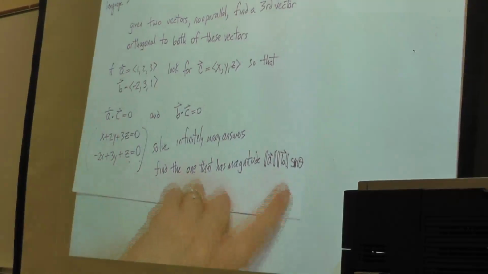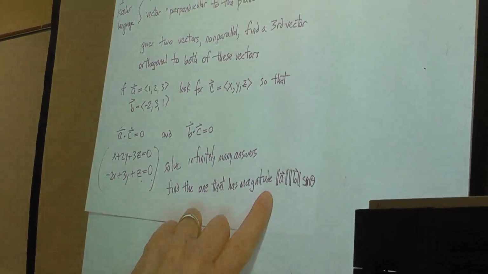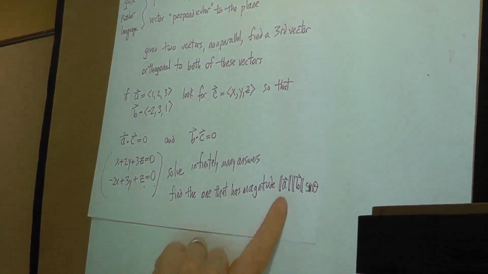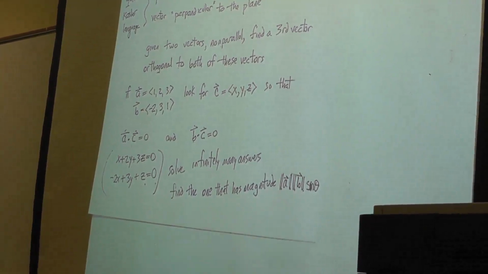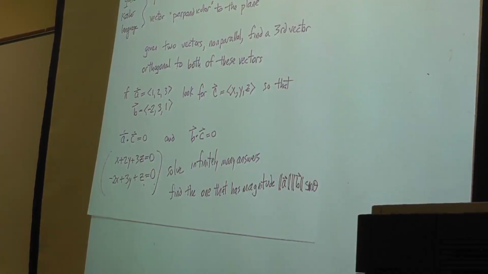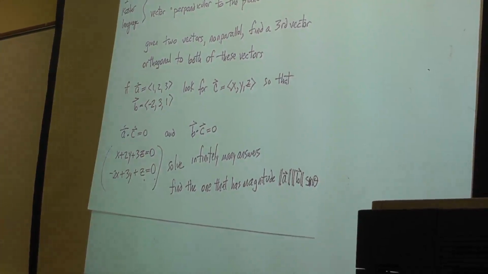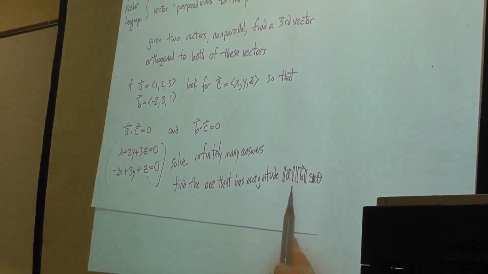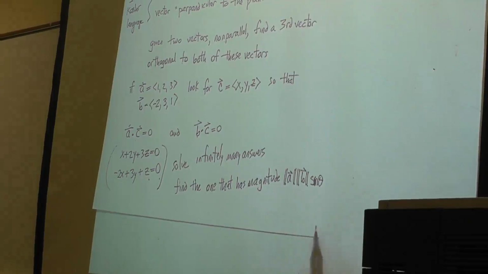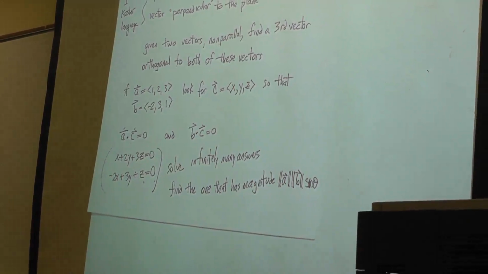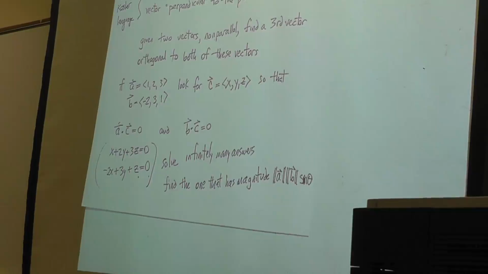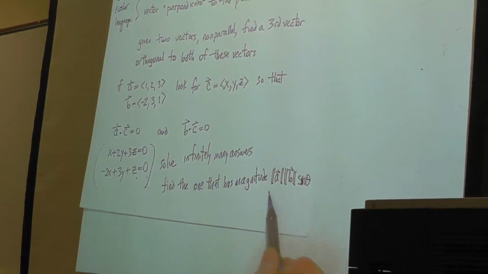There's nice applications of things that will have this magnitude. Torque, I think, if you're looking at a wrench going around a bolt or something, the torque is given by this, where I believe one of these vectors is the length of the wrench and the other is the magnitude of the force you're applying to it. So this is a nice thing to have.